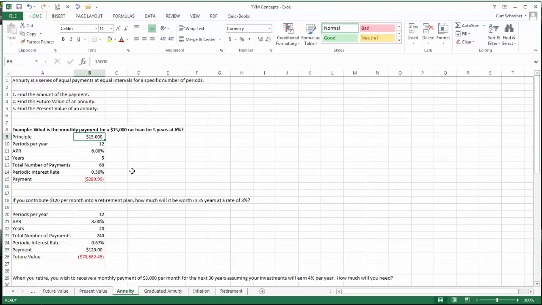But once again, real quickly, the $15,000 total is the present value, 12 monthly payments. That quoted interest rate is 6%, total number of years, 5 years. The total number of payments is going to be equal to the 12 periods per year times the 5 years, which gives us a total of 60 payments. The monthly interest rate is simply going to be the 6% divided by the 12 payments per year.